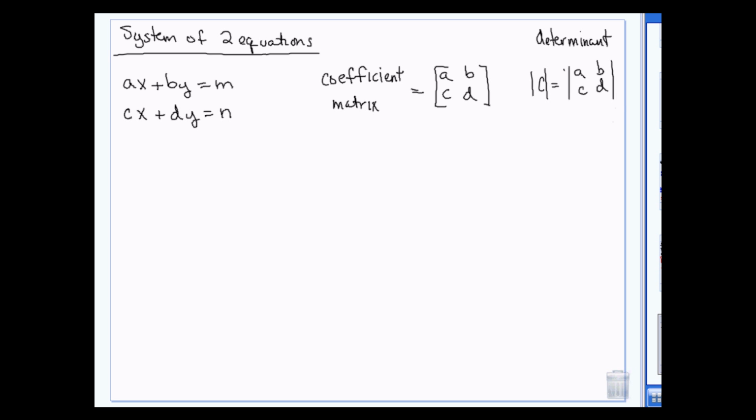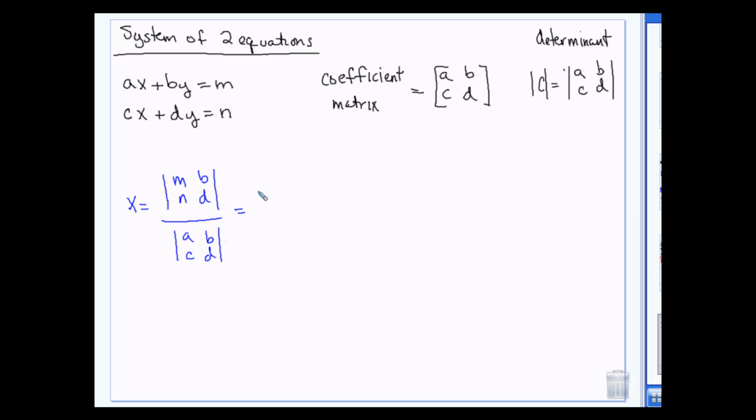So to solve for x, the formula is x equals MN, BD over the coefficient matrix, which is AC, BD.